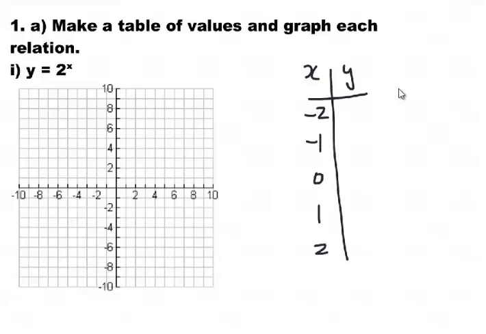When x is -2, this equation becomes 2 exponent -2. Remember negative exponents. We find the reciprocal and the exponent becomes positive, so this becomes 1 over 2 exponent 2, which is 1 over 4, which is 0.25.